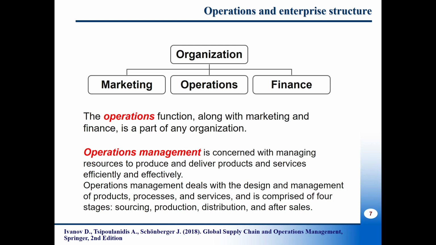Afterward, we need to distribute the products from the production floor to a warehouse or distribution center. And from the distribution center or warehouses, we need to deliver the product further to the retailer.